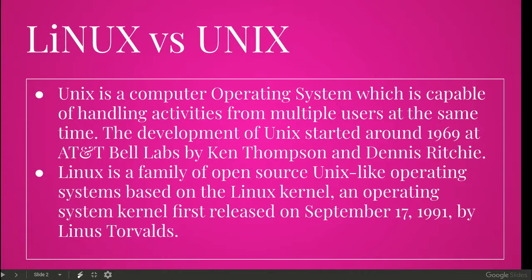These guys are also famous for the C programming language, and Linux is a family of open source operating systems. This is based on the Linux kernel, which was developed by Linus Torvalds and released in 1991. Development started earlier than 1991, but the first version was finally released in 1991.